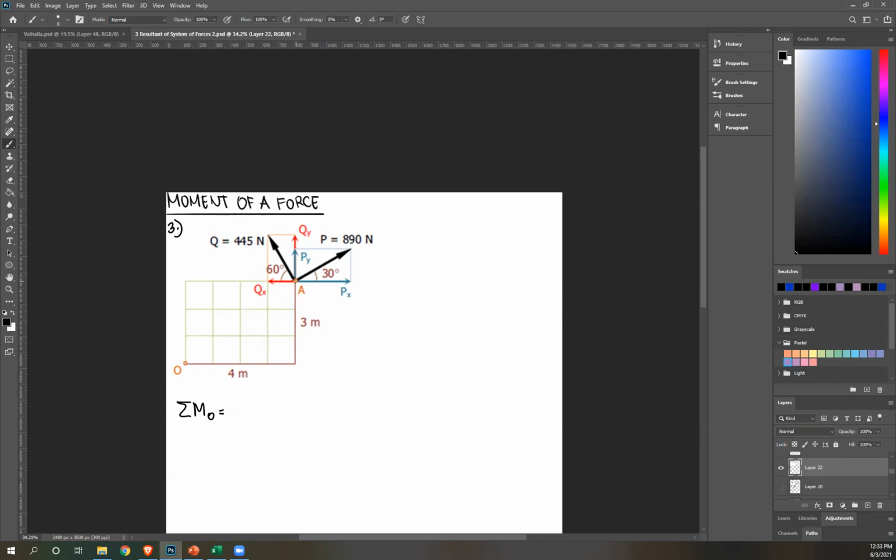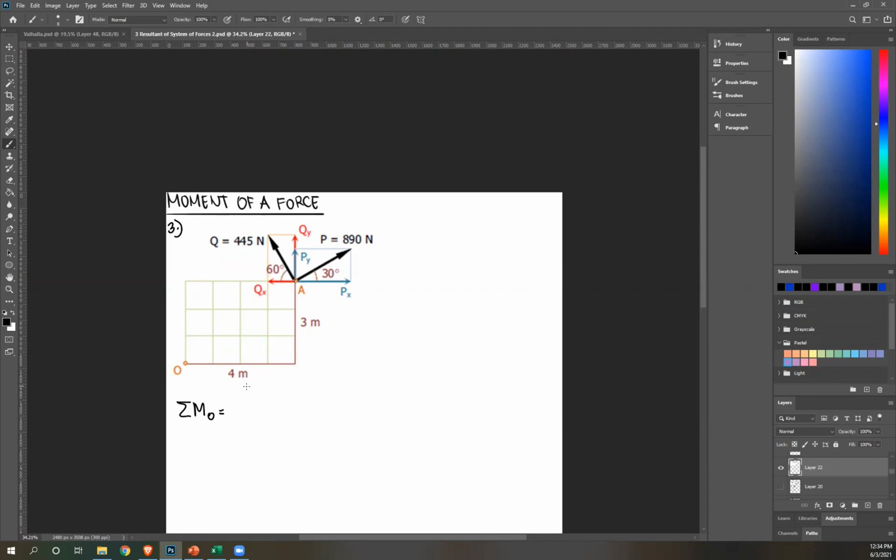Same with Q, extending the line of action of Q, this is its perpendicular distance. So it's a bit tedious again to solve for. So once again, we're going to use Varignon's theorem, wherein we use components x and y. As you can see, Px and Py are already drawn as shown. So now let's solve for it and place it in our equation.